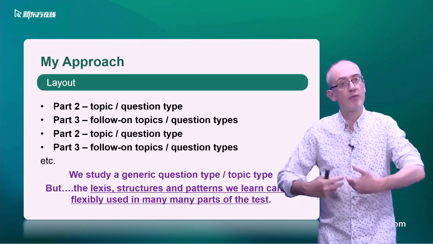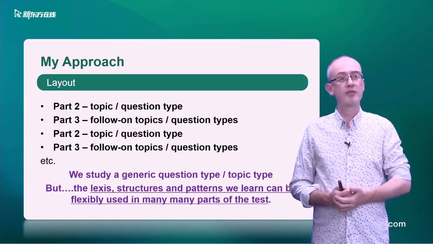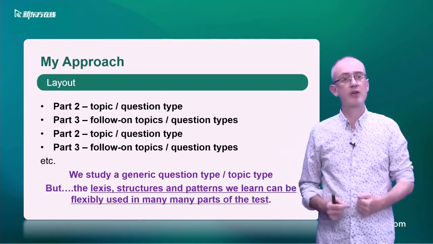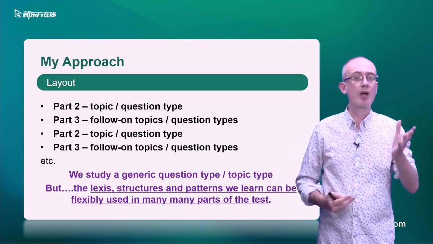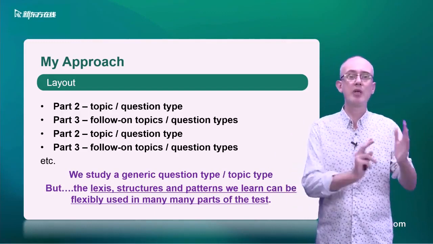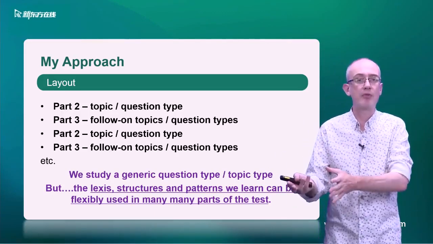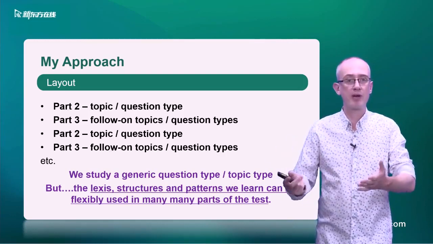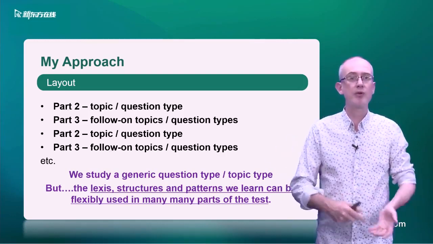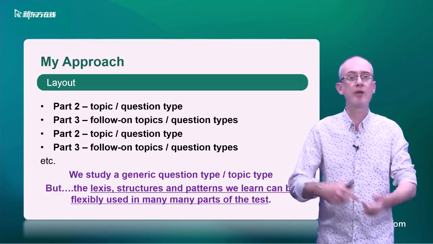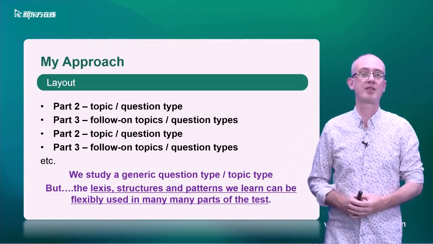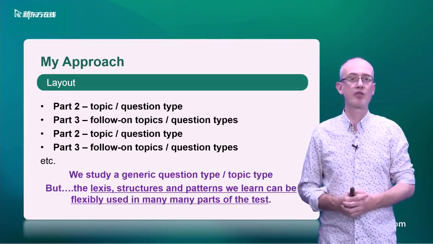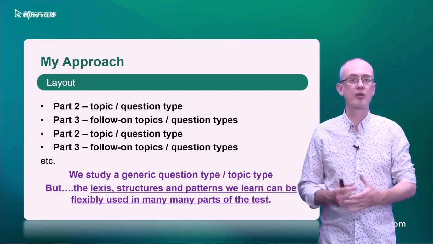Following that, we have the follow-on topics from part 3 and their related question types, etc. So what I'm trying to say here is we do a part 2 and then we do a part 3 based on the general topic area, but with great flexibility. Then we do a part 2, then a part 3, then a part 2, then a part 3, like the test. That's the layout and the structure of this next section of lessons.